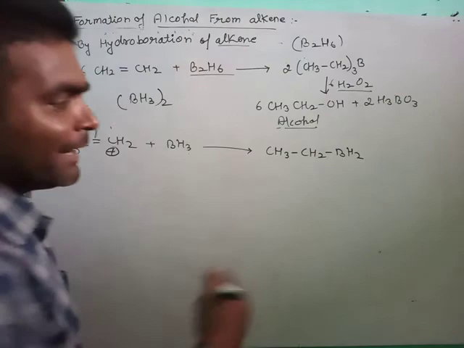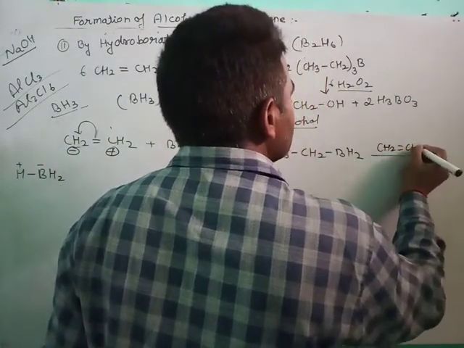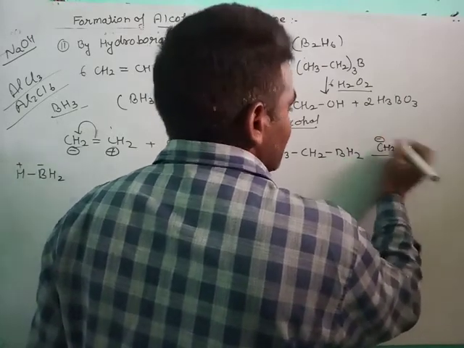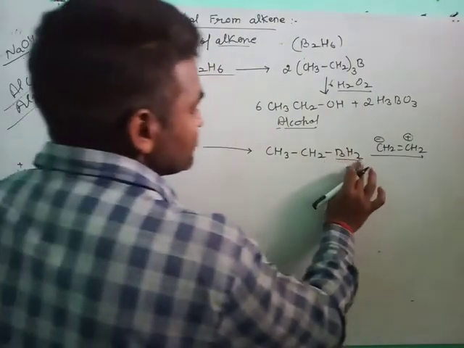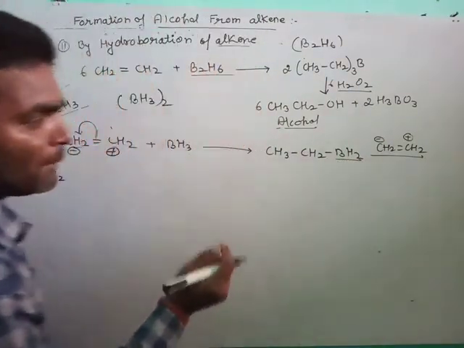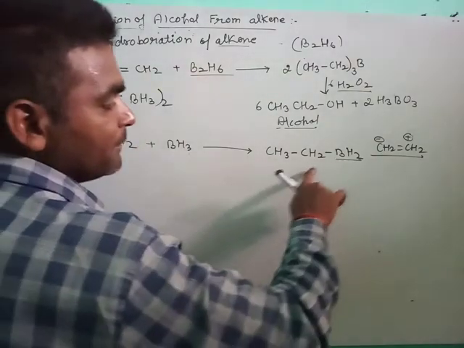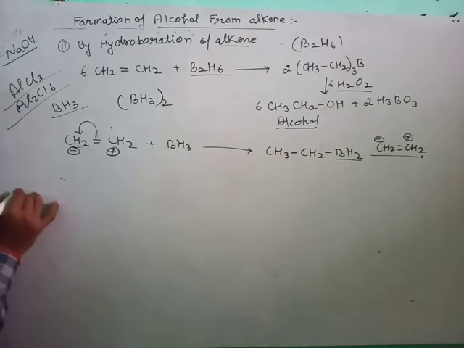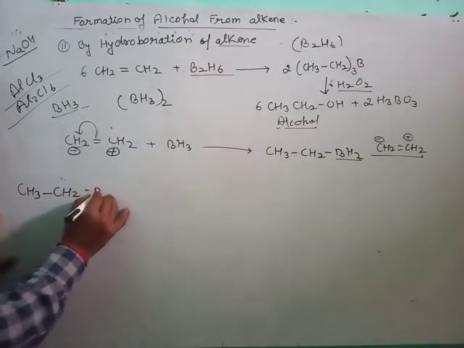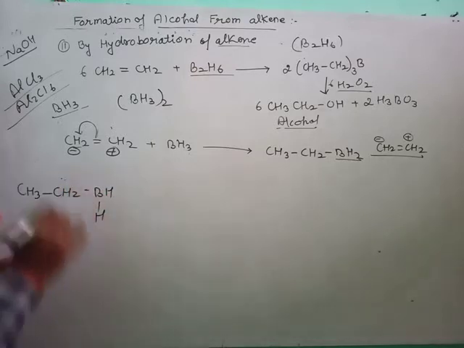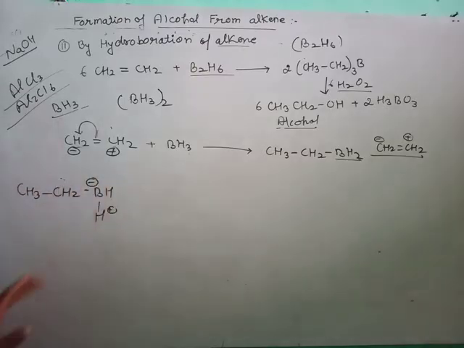And when again we react this compound with CH2 double bond CH2, one carbon becomes positive and the other negative, and BH2 breaks down in the form of H plus and BH minus.